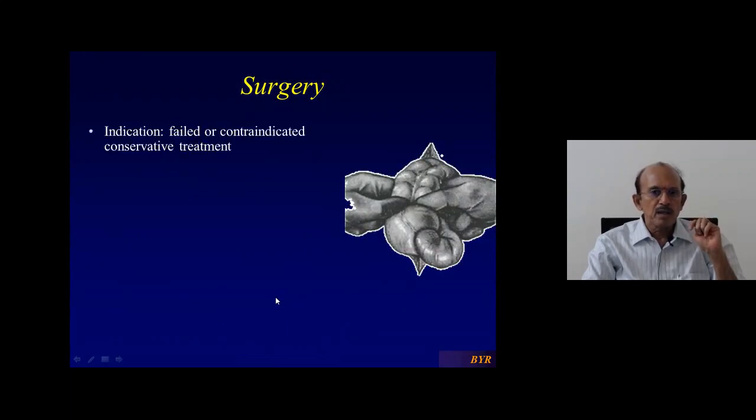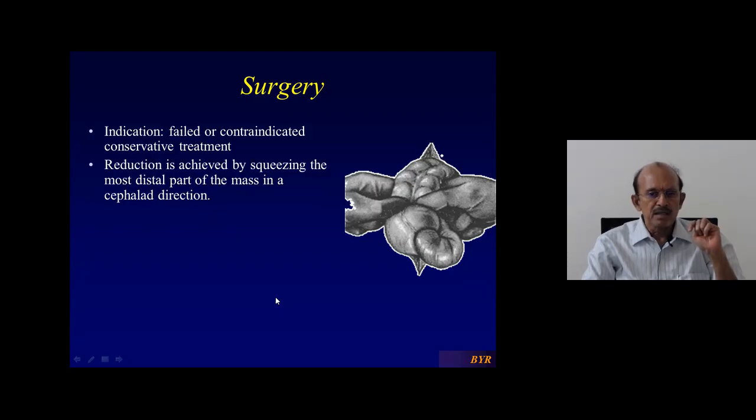Surgery: failed or contraindicated conservative management. Reduction is achieved by squeezing the most distal part of the mass in a cephalad direction. That means once you open the abdomen, you will feel a sausage-shaped mass, bowel entering into the bowel. Then you should not try to hold the proximal part of the bowel and pull it out.